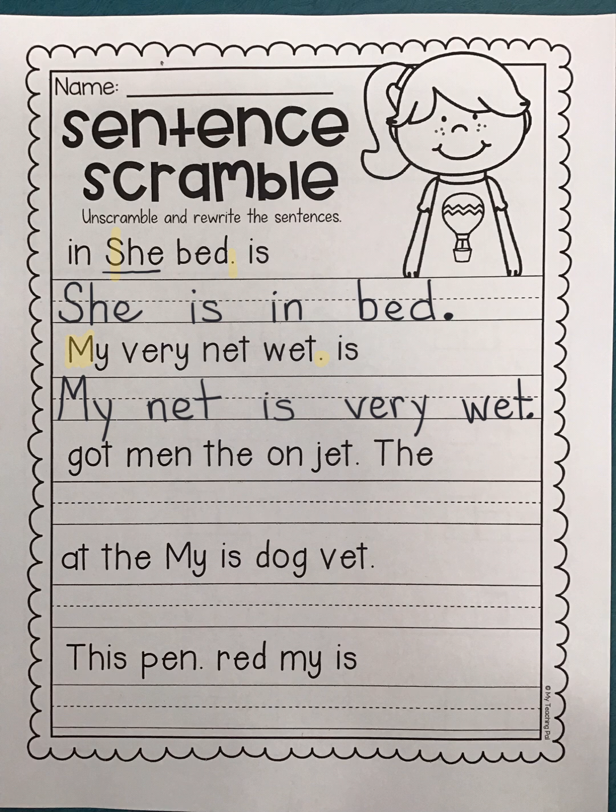With your highlighter, let's find the period and the capital on the next sentence down. Here's our period, and here's our capital. Back with our pencil, we're going to write the sentence, the men got on the jet. And we know we need a capital at the beginning of every sentence, so please write the heart word the. The, finger space, men.